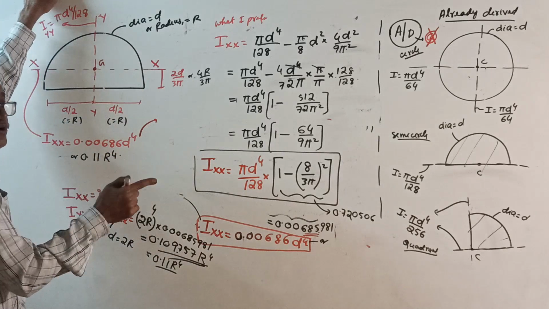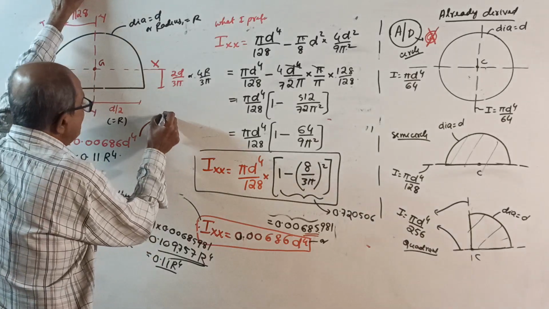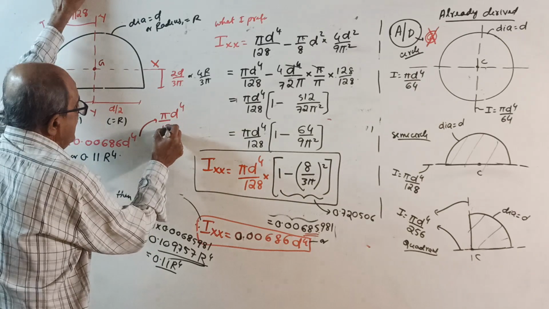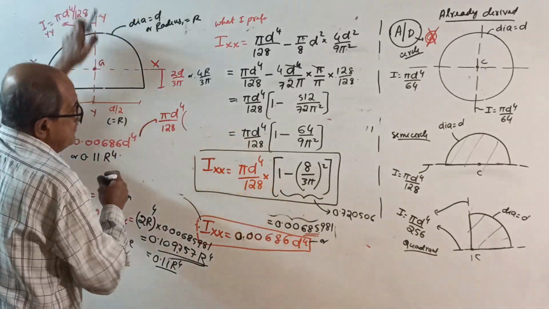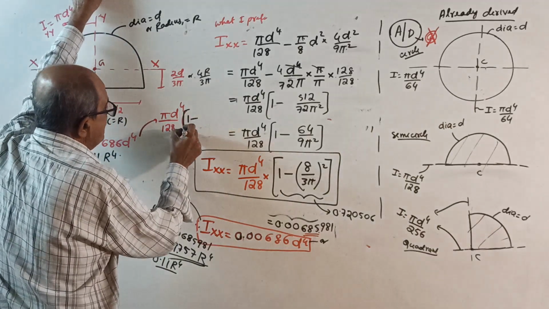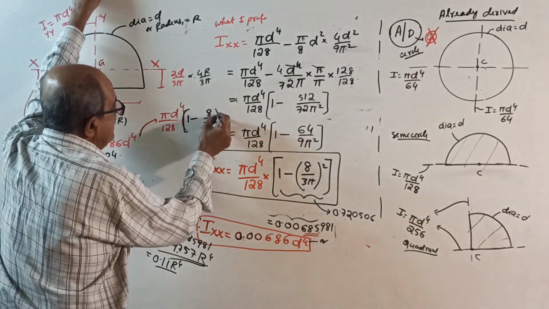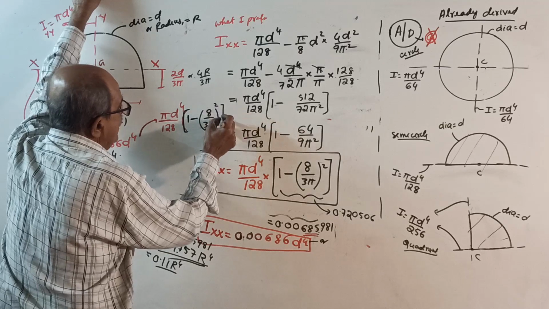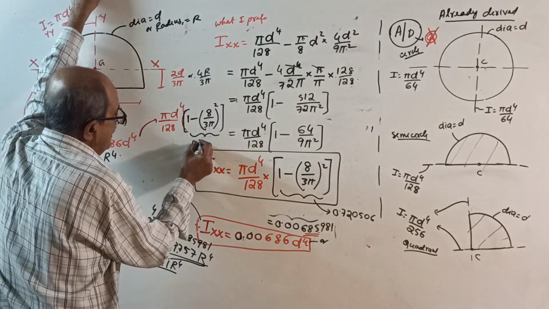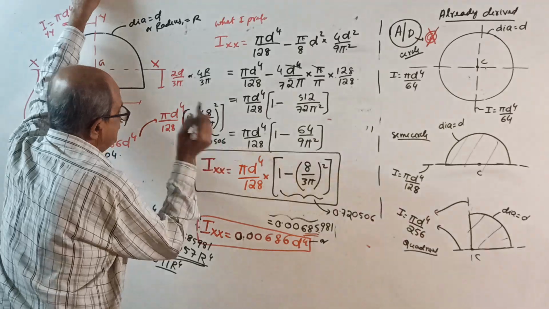If I am free to propose universally, I will propose this one: the best is pi d power 4 by 128 times bracket 1 minus 8 by 3 pi whole square, and this number will come approximately 0.720506.